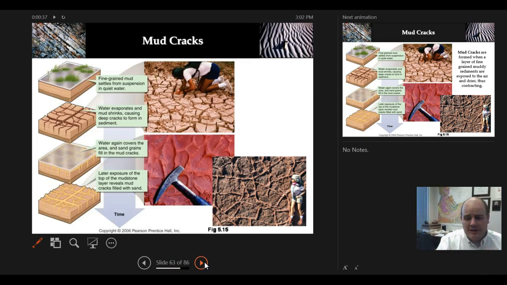Another example of a sedimentary structure is what we call a mud crack. If you have a lake bed, it had water in it, and then it dried out, that clay will actually crack up, forming these mud cracks. And let's say you had another flood come through, and all that sand or something else goes back down into those cracks. What will be left behind are these surfaces that look like mud cracks, right?